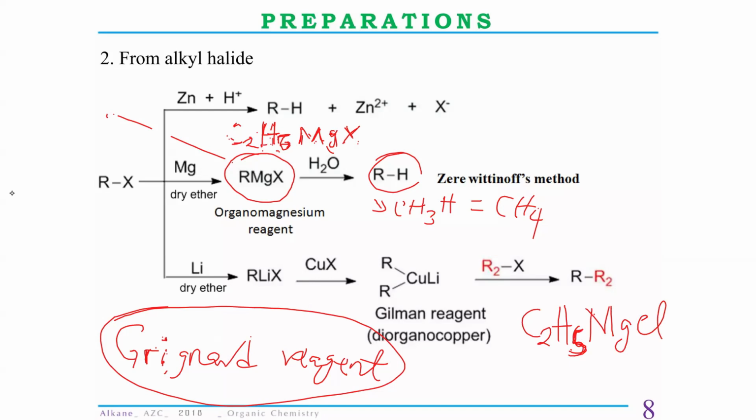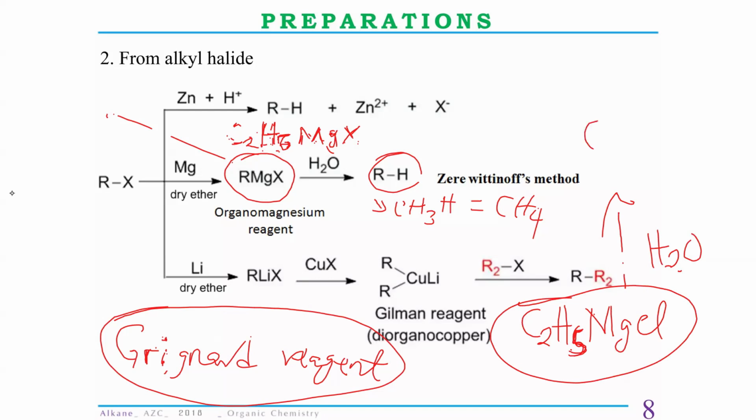So this is a typical example of a Grignard reagent. After you add water molecules, it gives you C2H5 and one hydrogen is added. At the end, we have C2H6, which is ethane. So from alkyl halides, you can get alkanes.